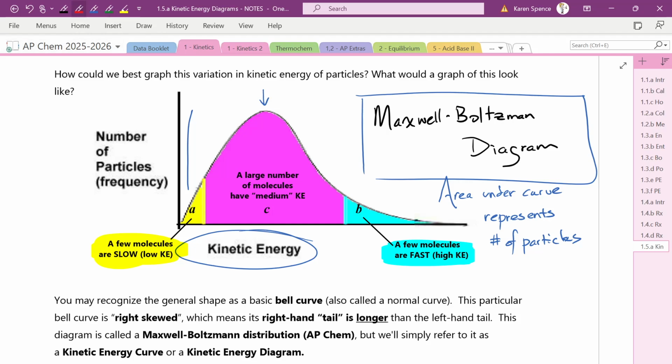And this curve is an asymptote. So in theory, there could be a particle moving at infinite meters per second, or having infinite joules. In theory.